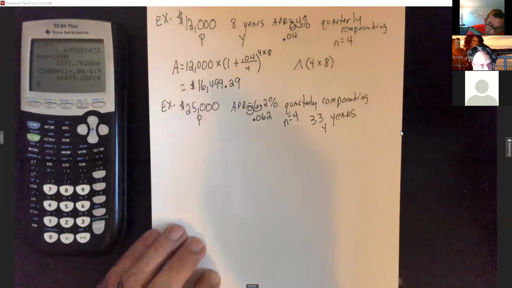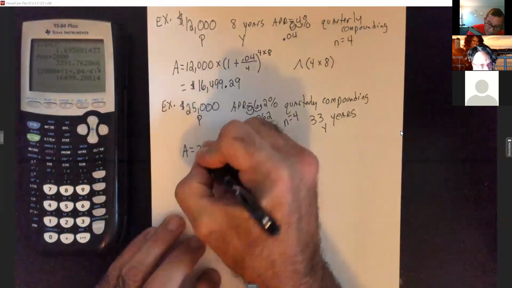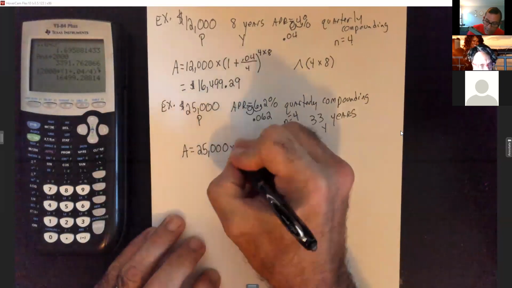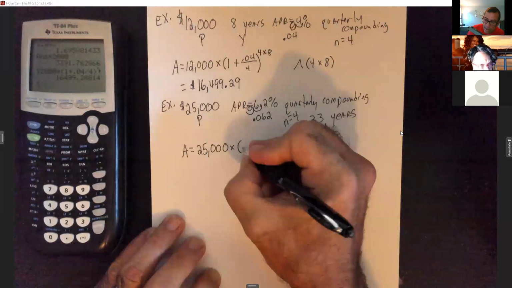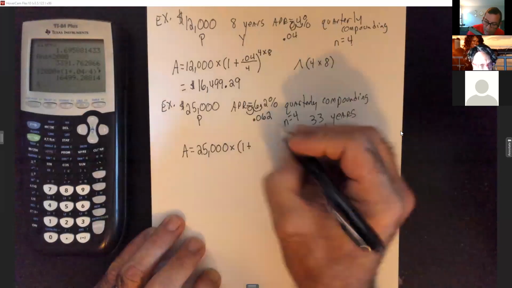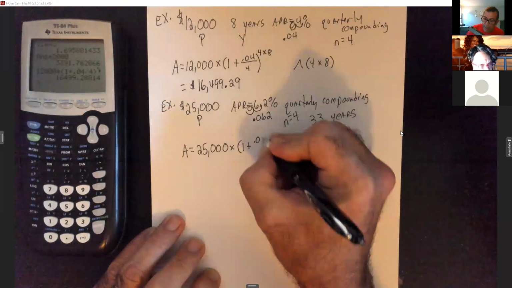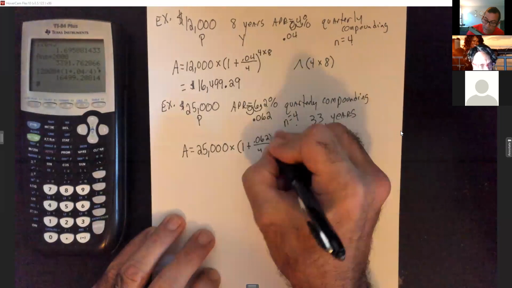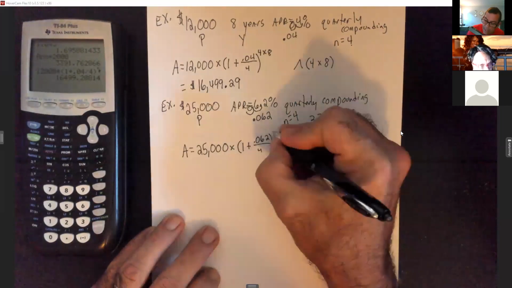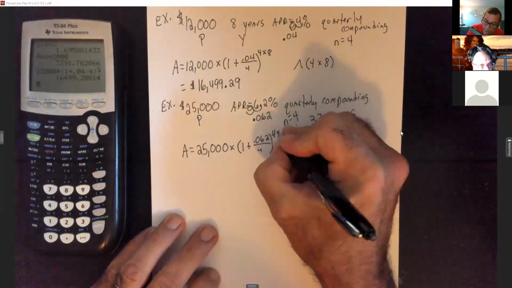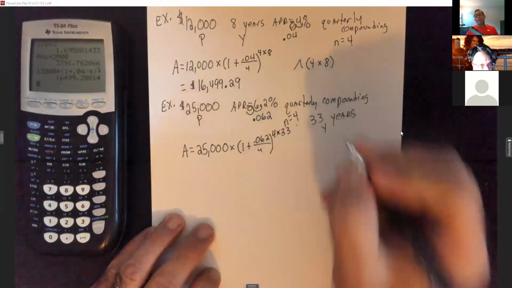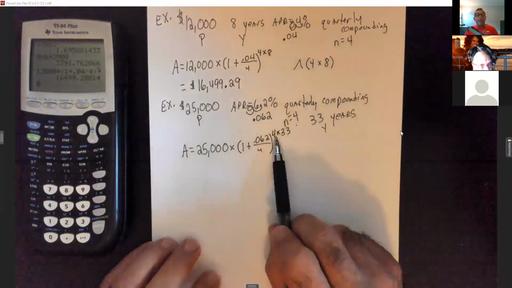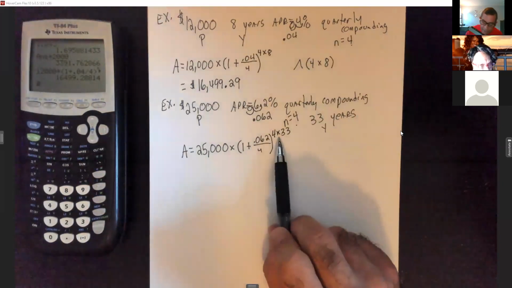We have A equals P, which is 25,000, times parentheses 1 plus APR 0.062 divided by N, which is 4, all raised to the exponent 4 times 33. But notice this, in 33 years, that's going to be quite a few compoundings adding to this money, okay?